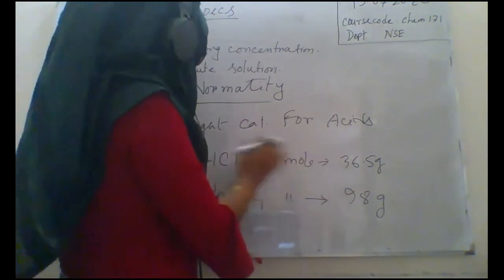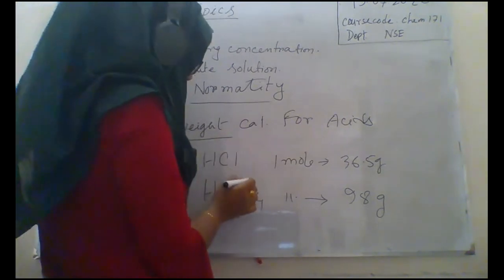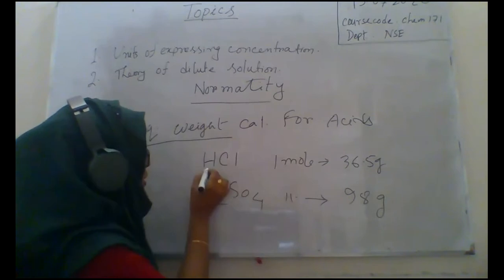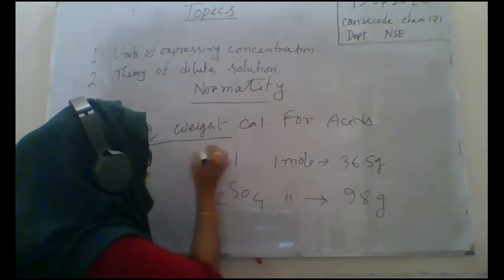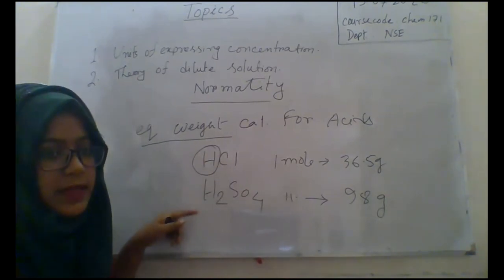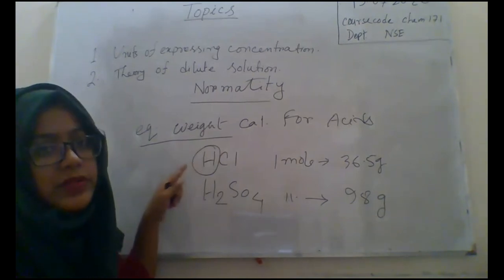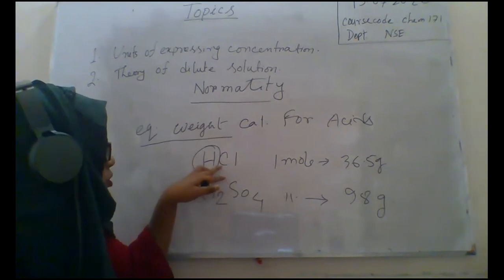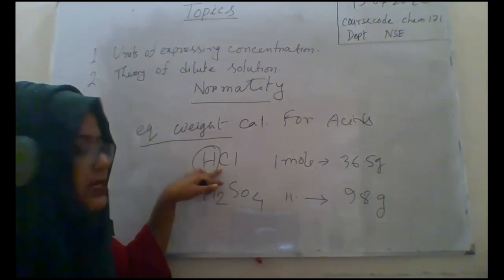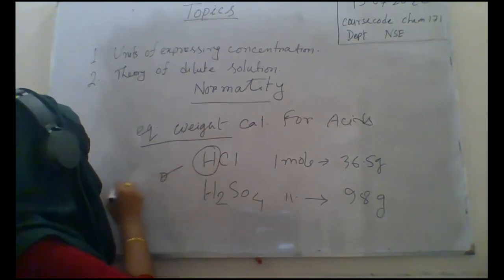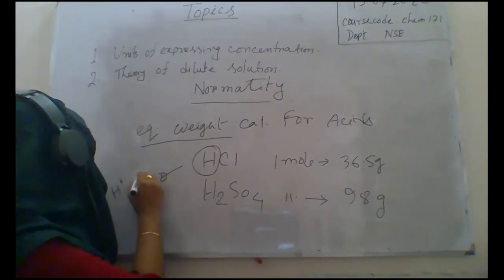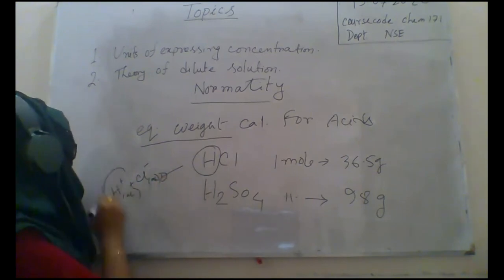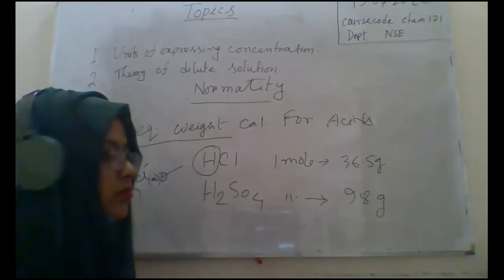But what will be the equivalent weight? How to calculate it? For an acid, it is calculated depending on the H+ ion, the replaceable hydrogen ions in the acid. If you dissociate this acid, you can see that there is only one H+ ion, right?